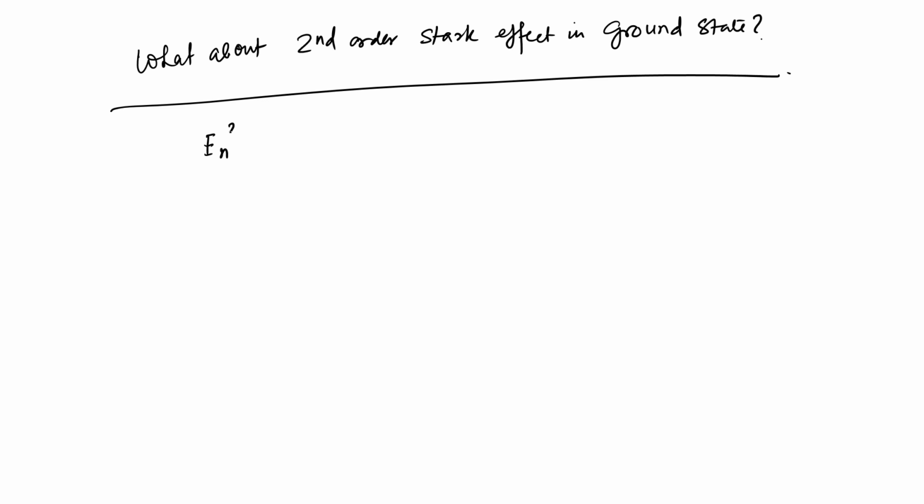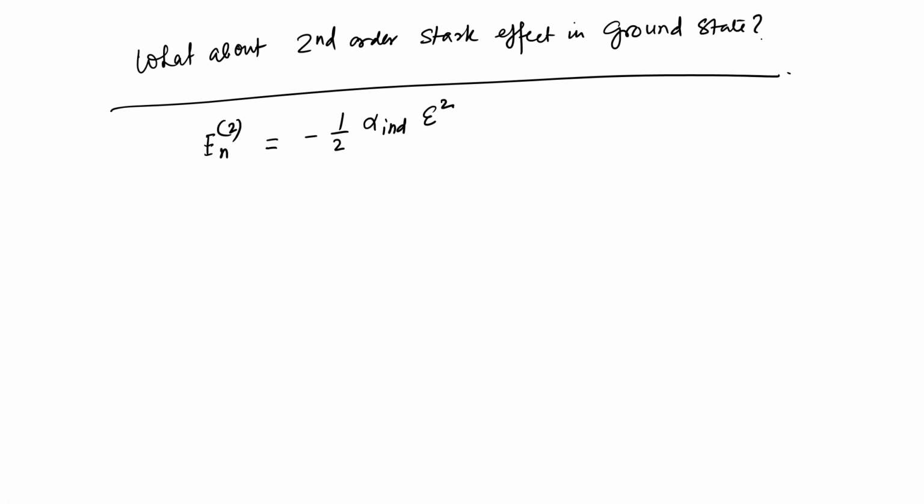En2, that is the second order correction in energy to the ground state, can be written as minus alpha induced times E square. Alpha is called the induced electric dipole moment, and it is, as expected, proportional to the square of the electric field.